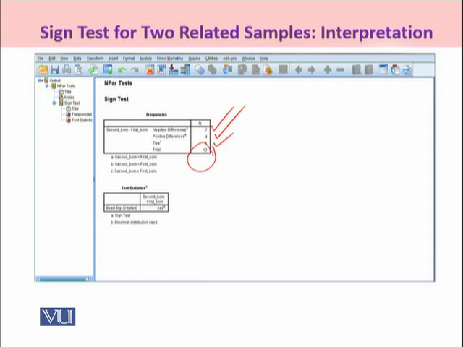The test followed under SPSS was the exact test, and it was two-tailed, and the value was 0.549. Now students, as you've observed, in our pair of hypotheses the alternative hypothesis has a positive sign, whereas the p-value given to us by SPSS is two-tailed.